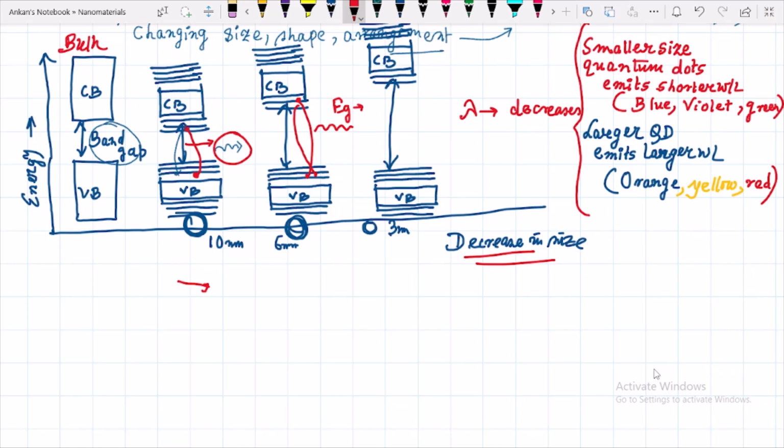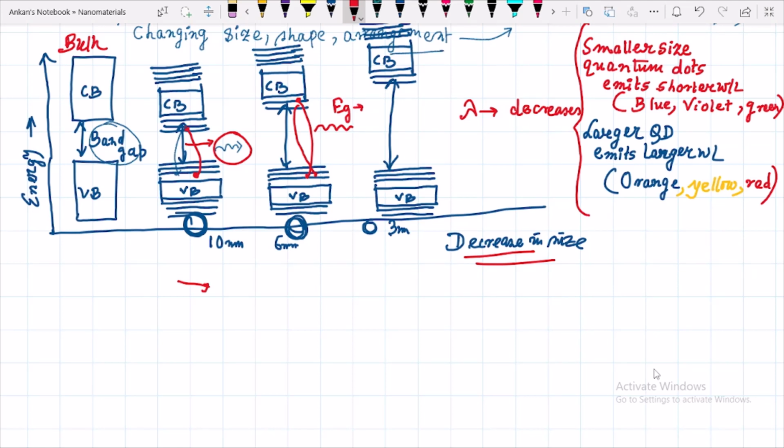Okay, so quantum dots are also being used to produce miniaturized lasers for use in communication devices. It is a great application of the quantum dot in the communication system, where we can use quantum dots to produce miniaturized lasers for use in communication devices.